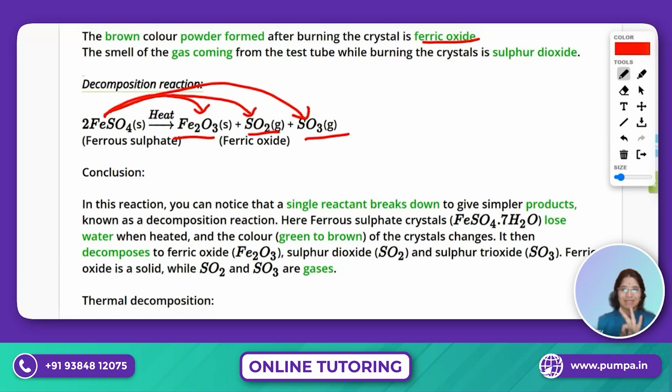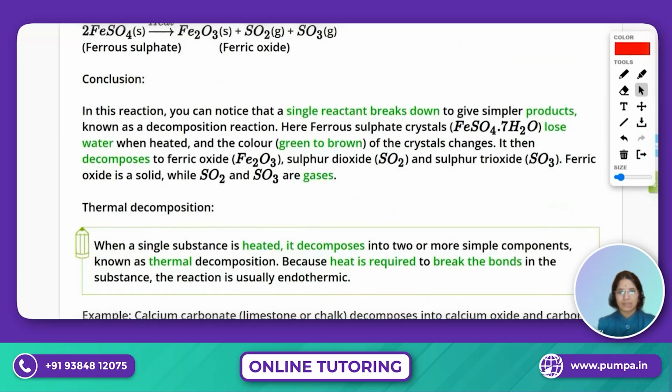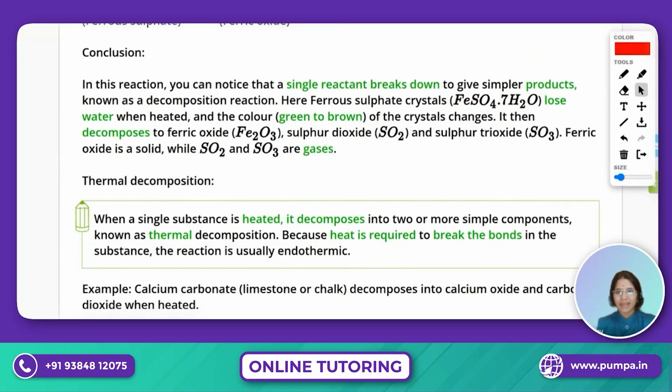These 3 different gases are being formed. Okay. So finally you are learning the decomposition, thermal decomposition reaction. Okay. Got it? Yes. The single reactant is being broken down into simpler products.